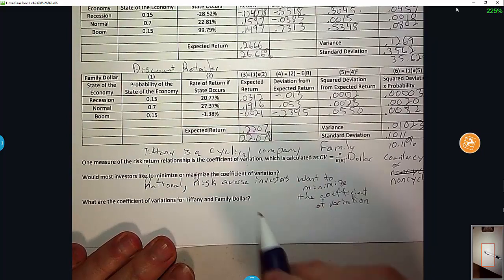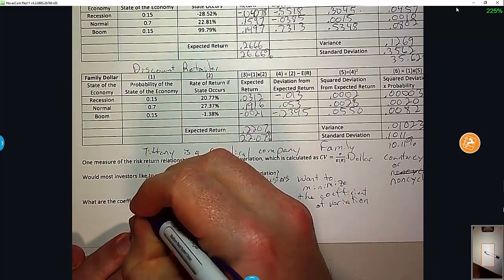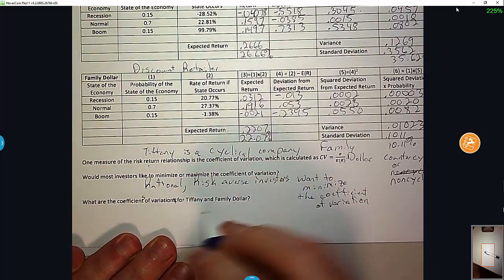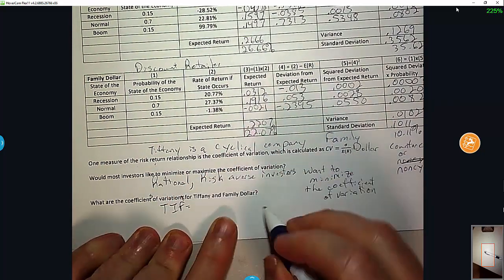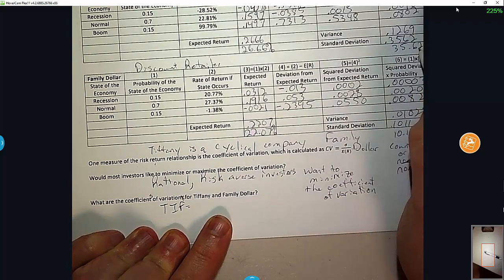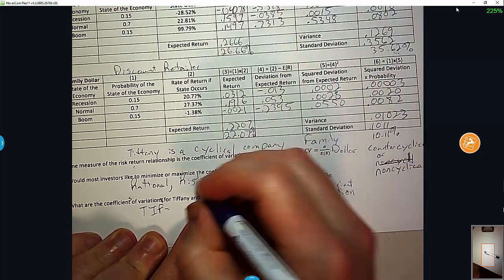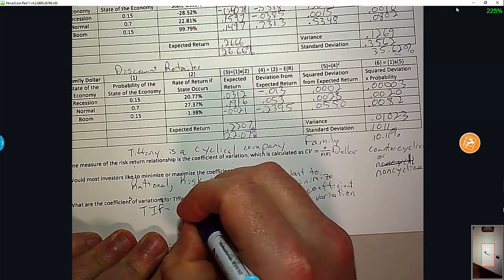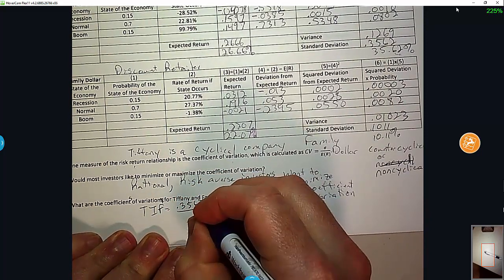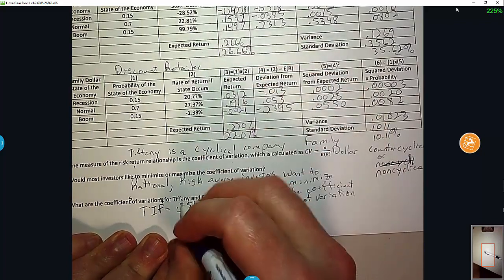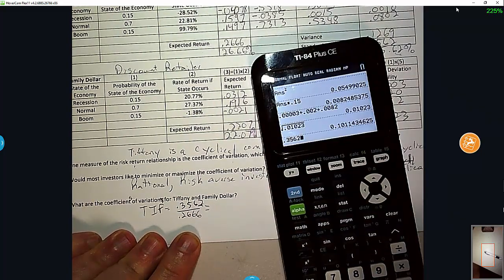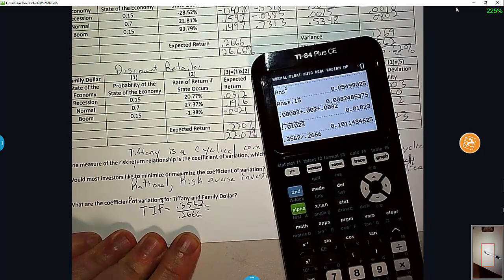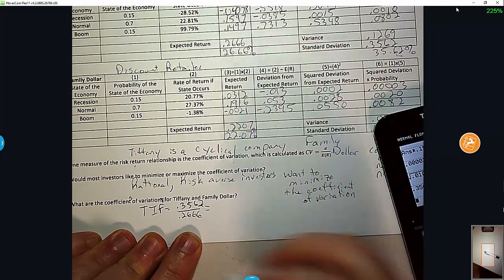So what are the coefficients of variation for Tiffany and Family Dollar? For Tiffany, or TIFF, it would be equal to the standard deviation, 0.3562, divided by the expected return of 0.2666, or 1.34.